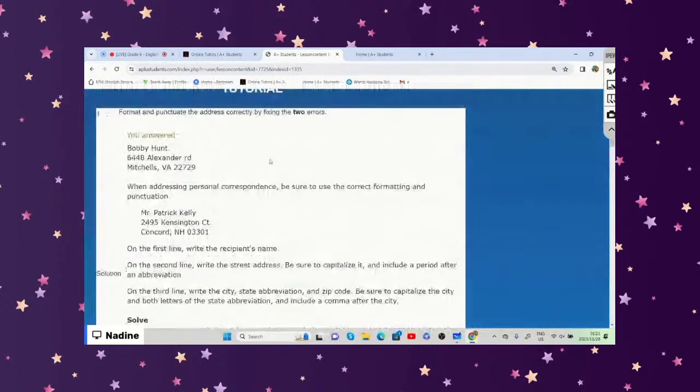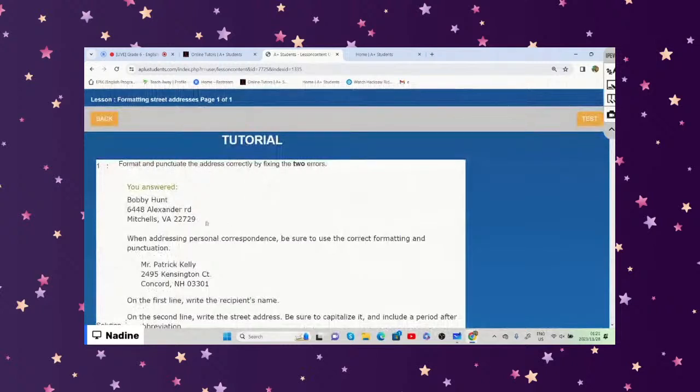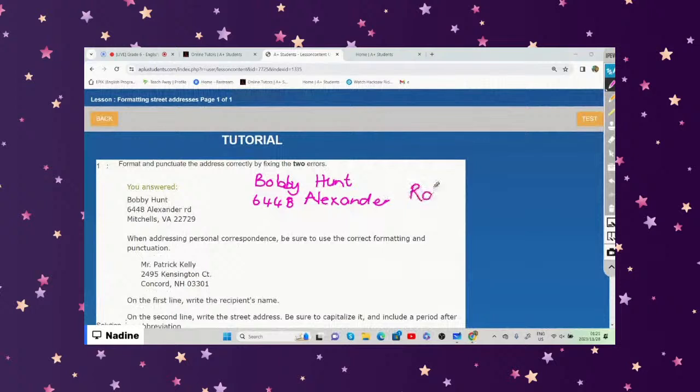All right, so if we look at the two areas, and we rewrite this address, we can say it is Bobby Hunt or Mr. Bobby Hunt. We write the street address, then we can say 6448, capital letter for Alexander, and then capital letter R for road.